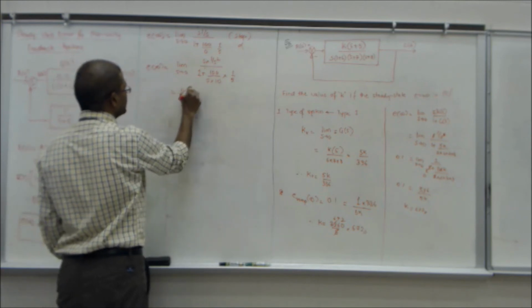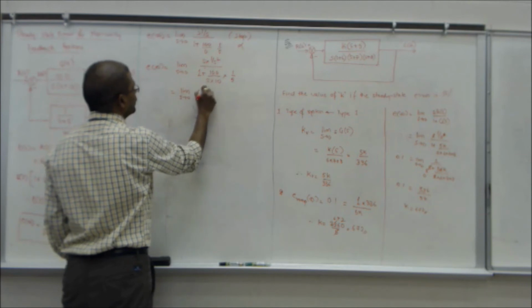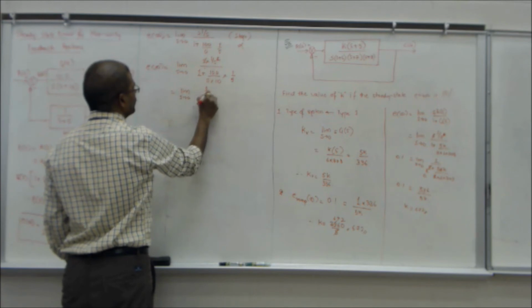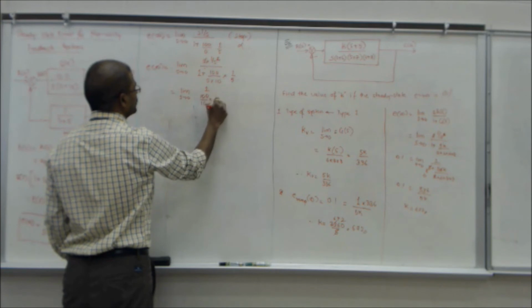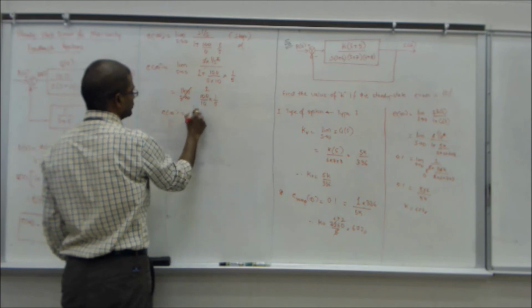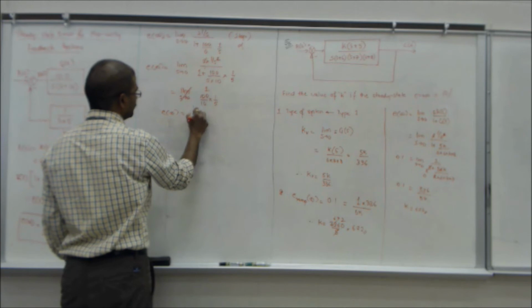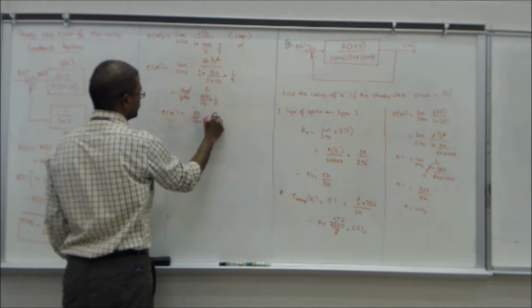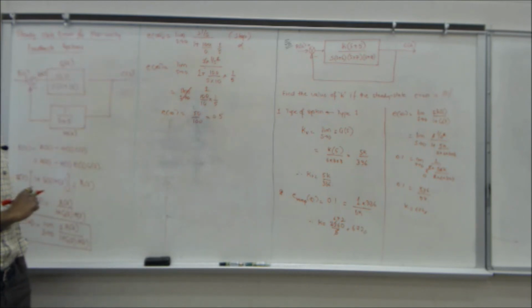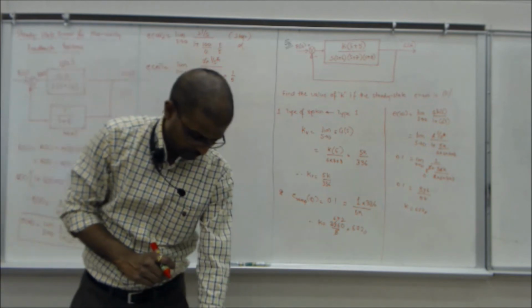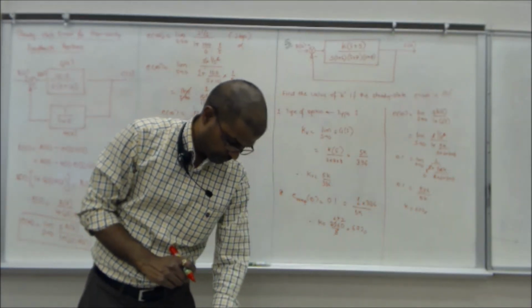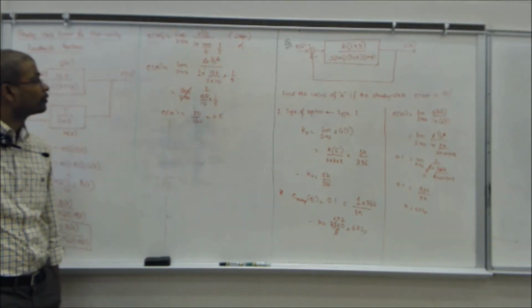Now this will be limit s tends to 0, you have s, s, you have 100 over 10, right?